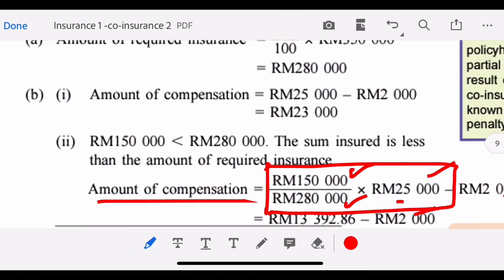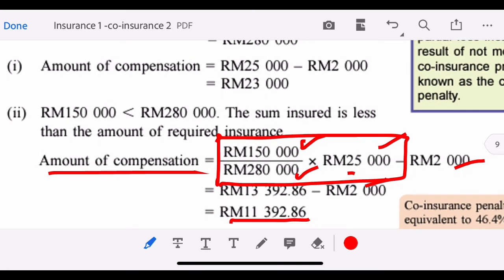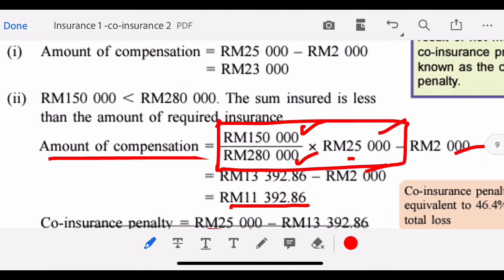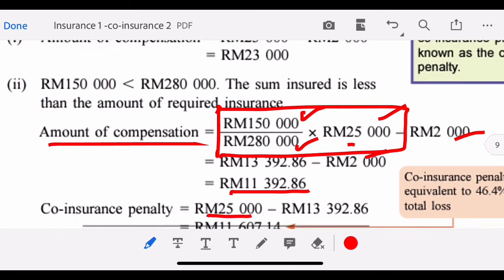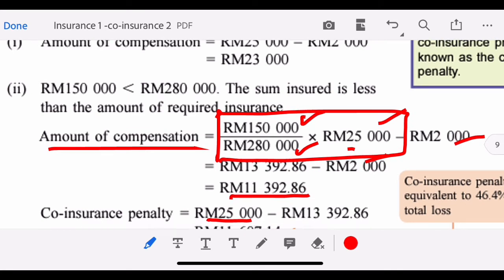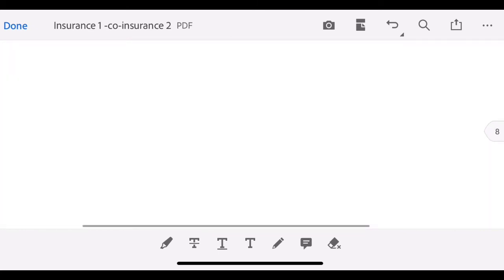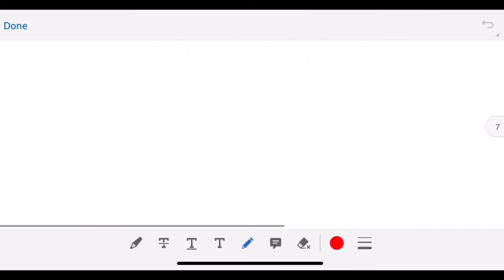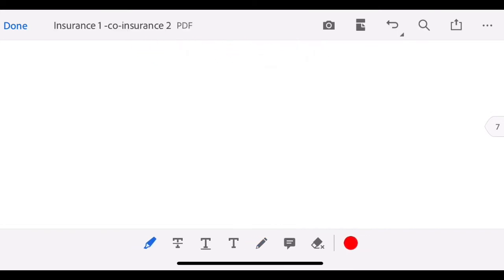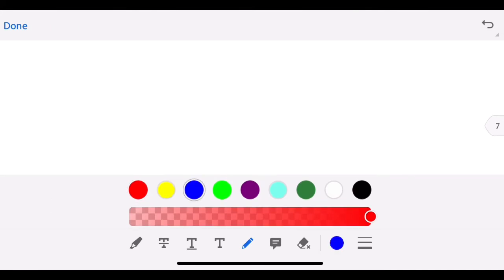So we actually need to calculate the co-insurance penalty, right? We need to calculate the amount of the compensation, which is 150,000 over 280,000 times 25,000, which is 13,392.86. And then this amount will have to be minus out from the loss, which is 25,000.